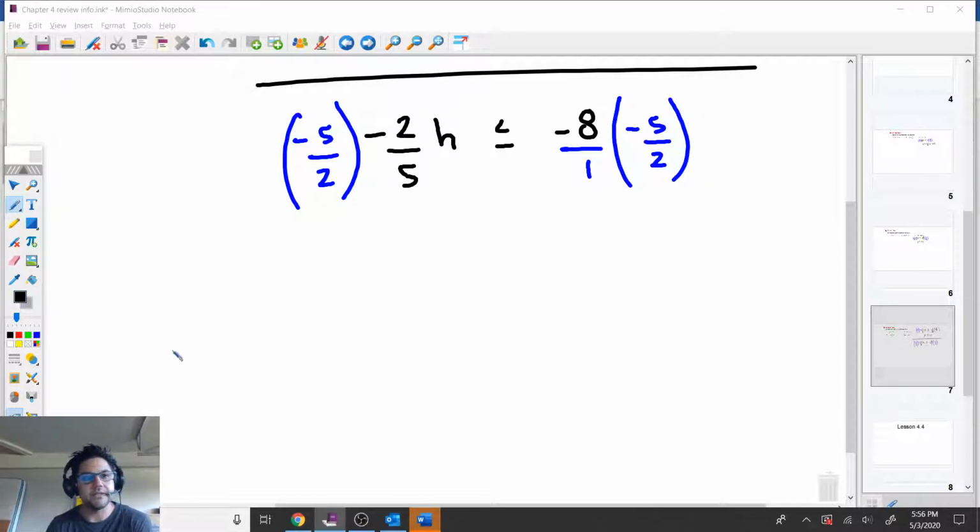Now, some students, whenever they get to these problems, do some weird work, and I really don't understand it. I try to correct them, and it's like, they do the multiplication, and then at the very end, they try and remember to reverse the inequality sign. So my suggestion is right here. When you multiply by a negative, you must reverse your inequality sign.